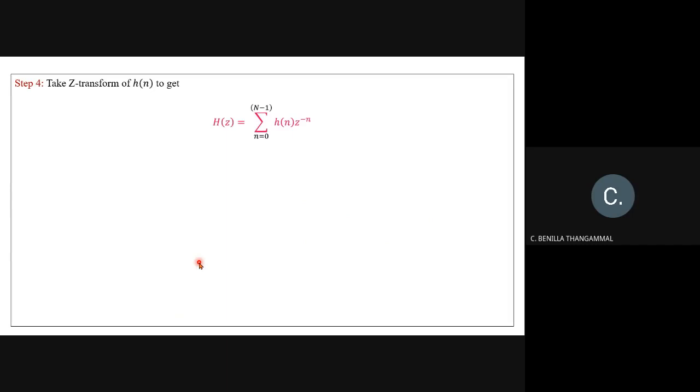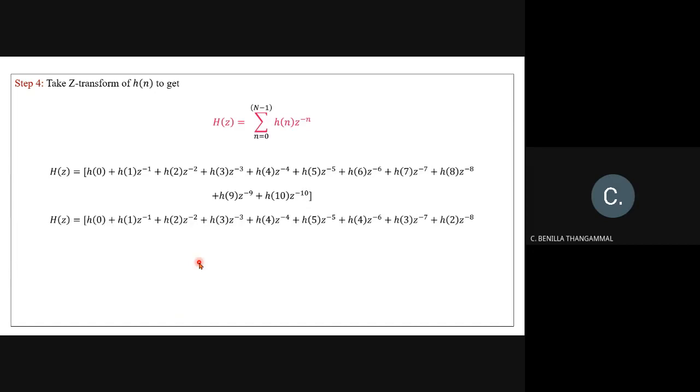The formula is summation n equal to 0 to N minus 1 of h of n z power minus n. Expand your summation by substituting your n value as 0 to N minus 1, and here h of 6, h of 7, h of 8, h of 9, h of 10 is equal to h of 4, 3, 2, 1 and 0.